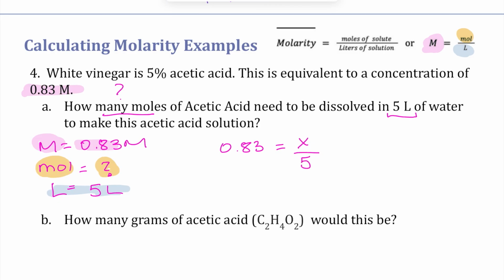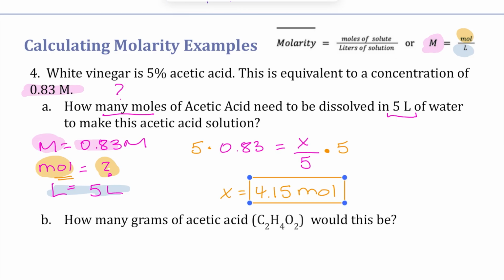And then how can I solve this? Well, if I need to get that 5 away from x, the opposite of division is multiplication. So I'm going to multiply both sides by 5. And so x is going to equal 5 times 0.83, which is 4.15. And that needs a unit of moles. So 4.15 moles of acetic acid.